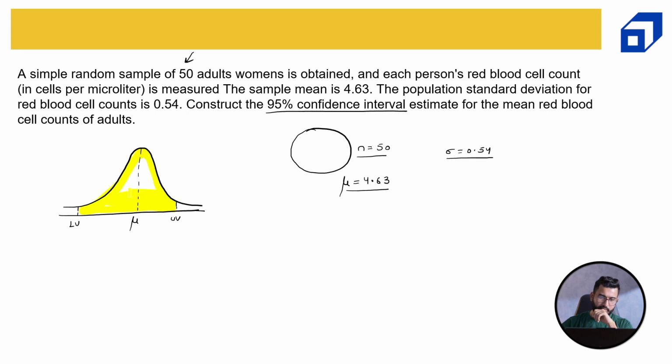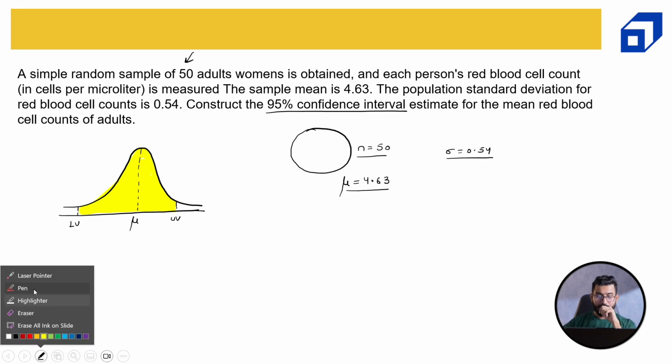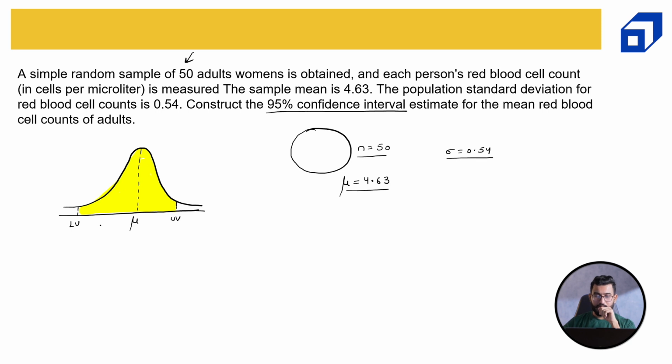Don't worry, I'll explain everything. This is my problem statement: I have to estimate the lower and upper value such that between them I have 95% confidence. For now, you can think of it as 95% of the data lying between these two values.